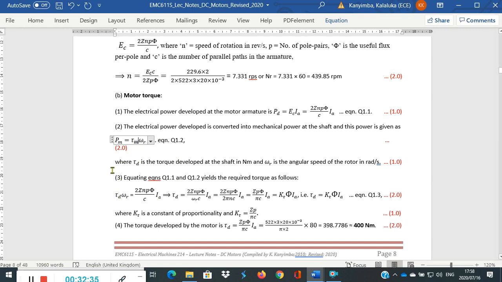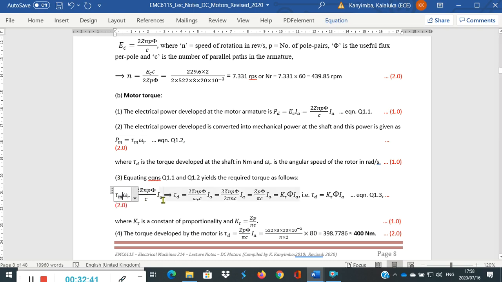So when we equate the two, this is what we get. I change that to M.